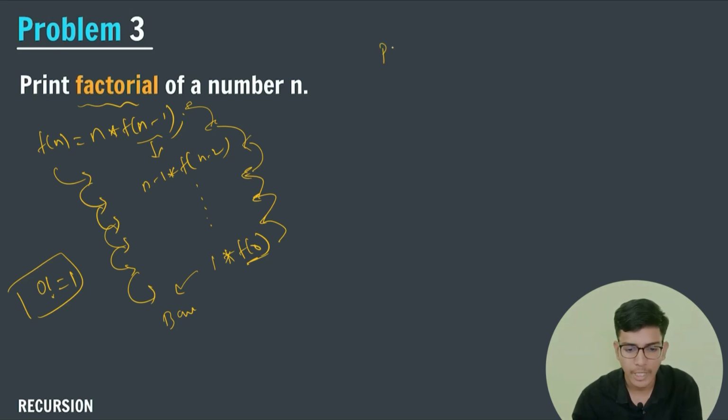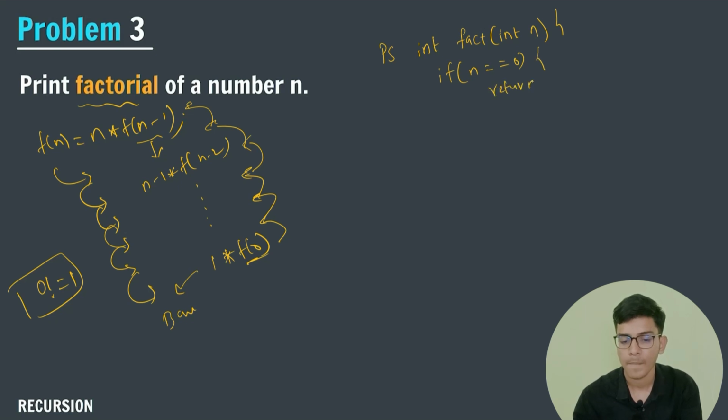Right, first of all I will write public static int type function, because I am going to return an integer type value to my user. After that I am going to write fact. In this I am passing n. So what is my base case here? If my n becomes 0, then I am going to return 1, that's all. This is my base case. After that I need to calculate the factorial of n minus 1, right?